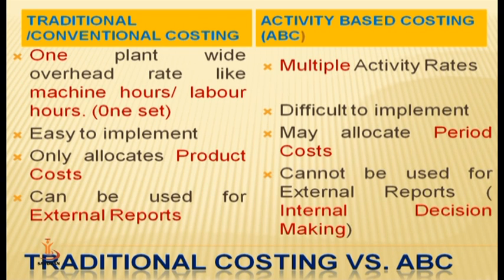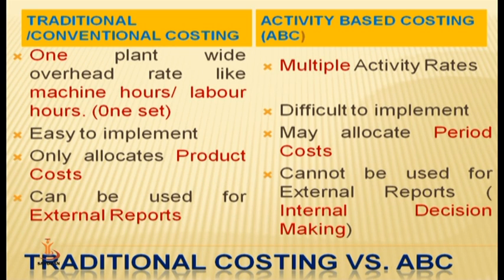We'll see later on how we calculate multiple activity rates. Second, as it is only one overhead rate in traditional costing, it is very easy to implement. Whereas activity based costing employs so many activity rates, so it becomes difficult to implement.